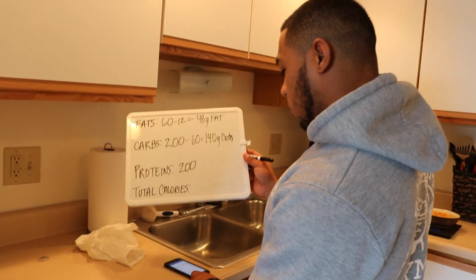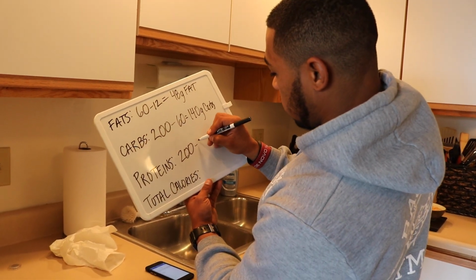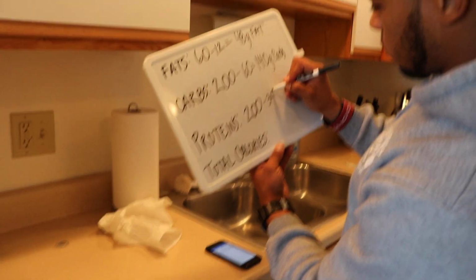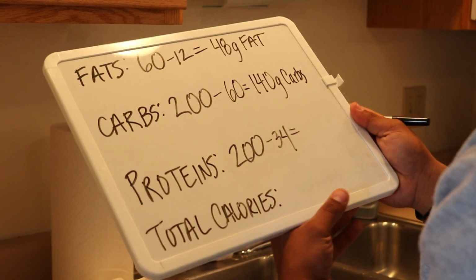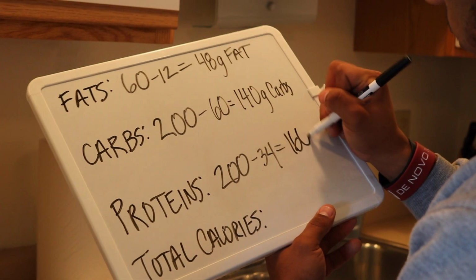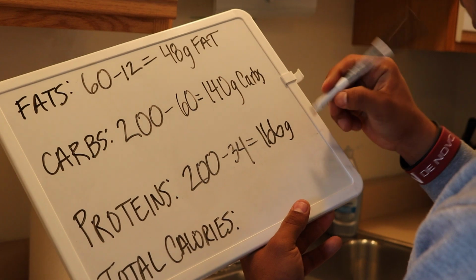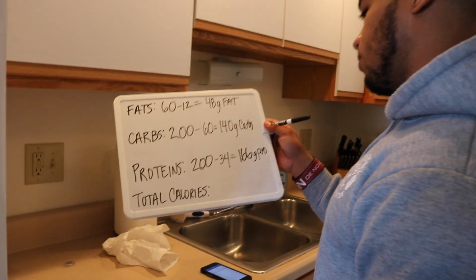And you're gonna do the same thing with protein, and we're at 34 grams of protein. So that is gonna give you 166 grams of protein left for the day.